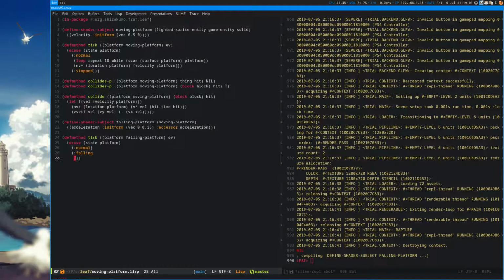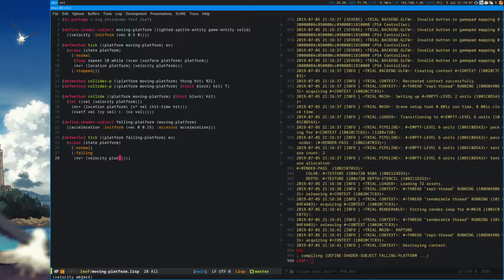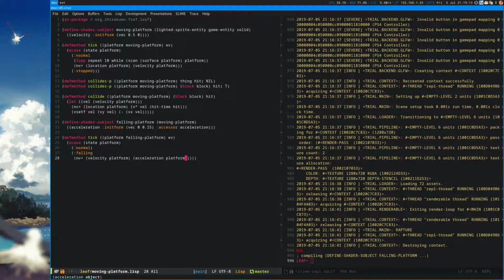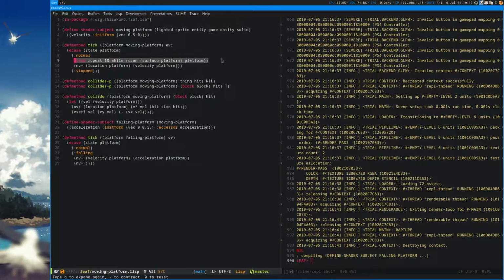Falling state does MD plus. And then MD plus. So we should do that.